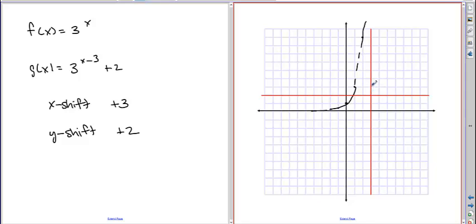Then we'll go up 1: 0, 1, 1, 3. 2, 9 will go off the screen. Then we'll have minus 1, 1/3, minus 2, 1/9. Then you can draw that in. This would be g of x, and this would be f of x, as far as the transformations are concerned.